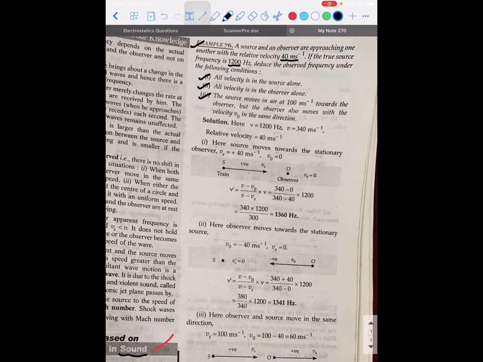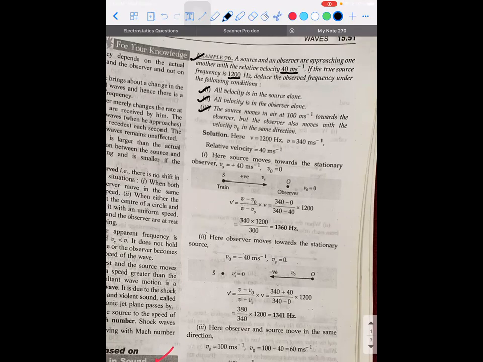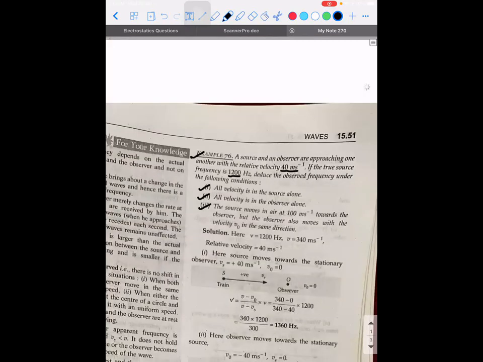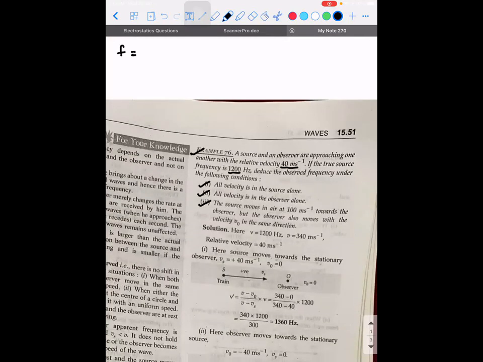I hope everybody has read the question. Listen. What is the original frequency of the sound? It is 1200 hertz. What have they given? They have given the relative velocity, that is velocity of the source plus velocity of the observer is 40 meters per second. Can someone tell me why I wrote plus?